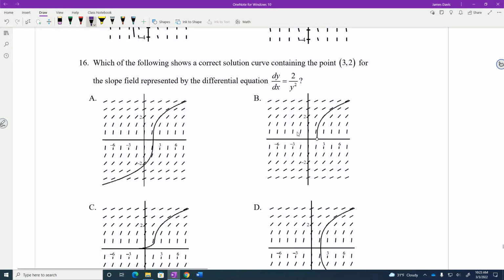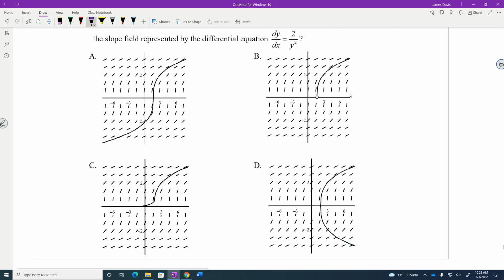I think this one's actually a little bit more obvious. So if you look at the differential equation, what can it not have? It can't have y equal to 0, right? Because it makes it undefined. And remember that rule: basically if it's undefined, it just stops. So B is the only one that makes sense.